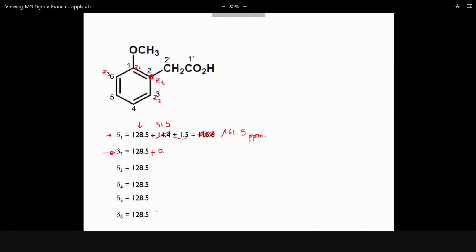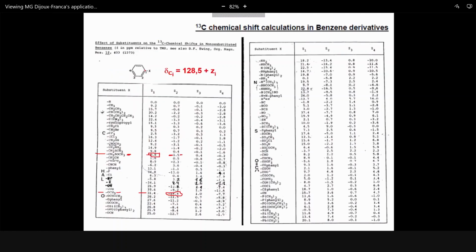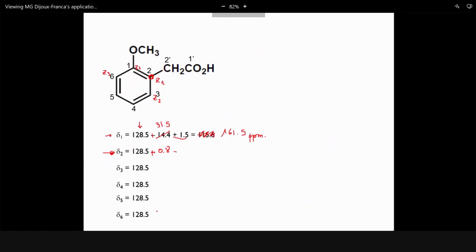This is what you did. And in position Z2 here, we should have the O-methyl group, and the O-methyl group has a deshielding effect of 14.4 ppm.